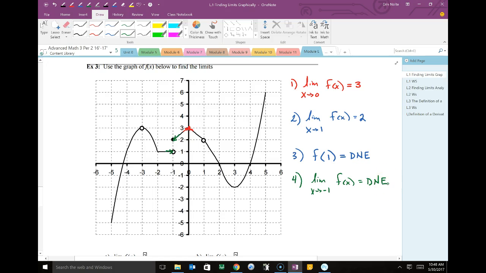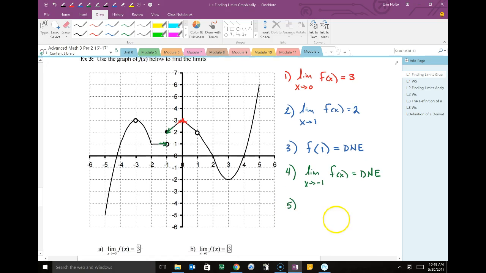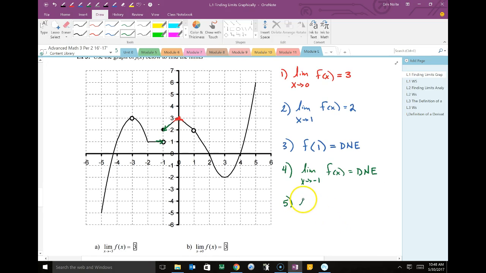Speaking of from the right and from the left, there is something called one-sided limits. If I want to say the limit as x approaches -1 from the left, I use a little minus sign right there after my x value. That is a notation meaning from the left. So the limit from the left of -1 is going to the y value of 1.